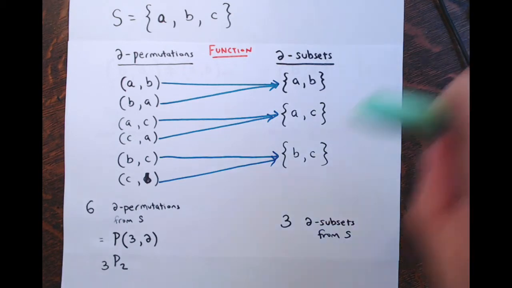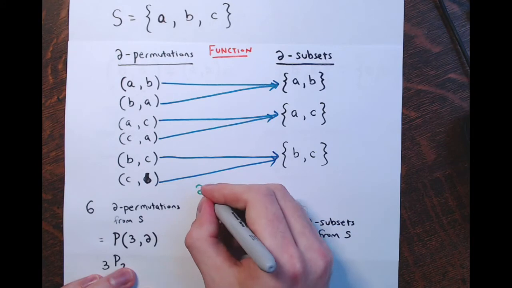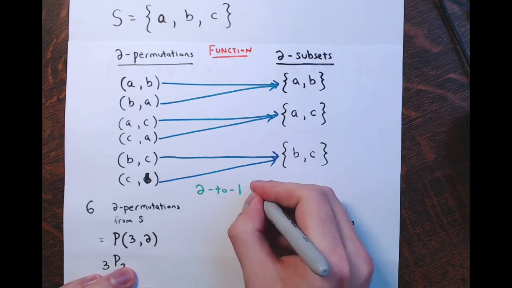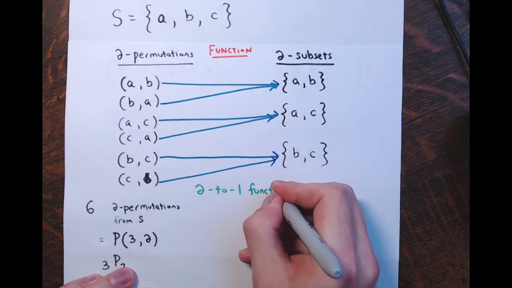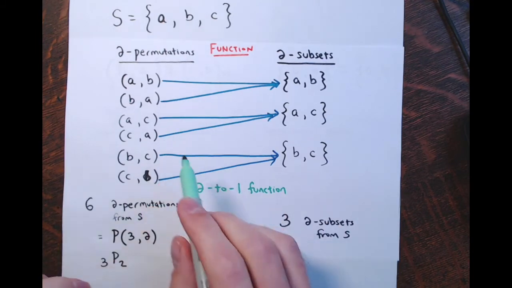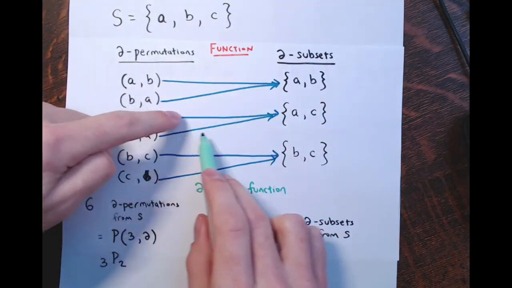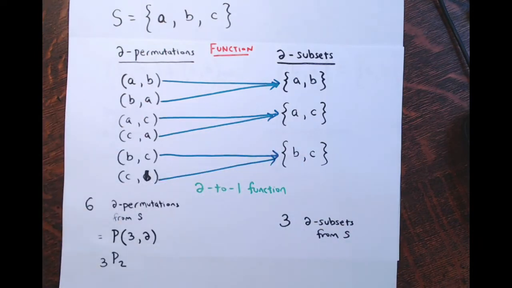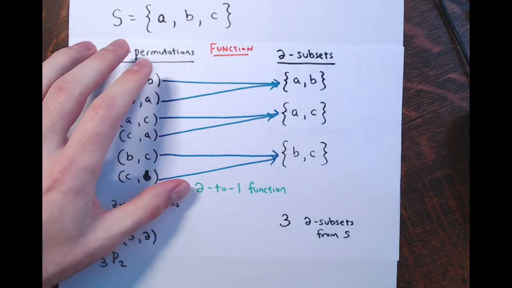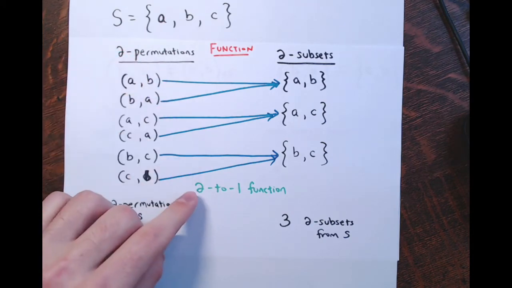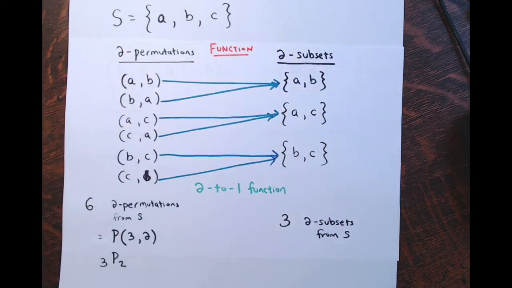And what we have here is a 2-to-1 function, because every output is mapped to by two inputs. Right. And remember, if it's a 2-to-1 function, that means the size of the domain is 2 times the size of the target.